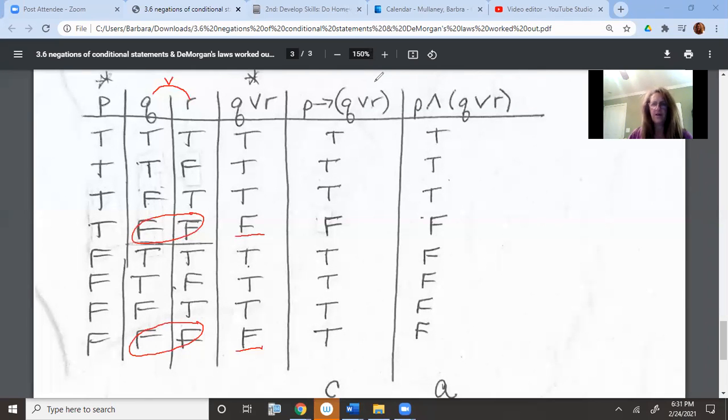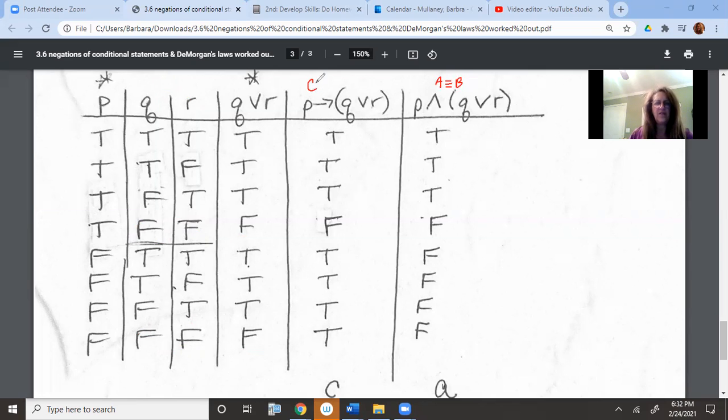All right, I'm going to clear my drawings and go to the next column. Now this is column C here, and this is column A and B here. So let's get this one.